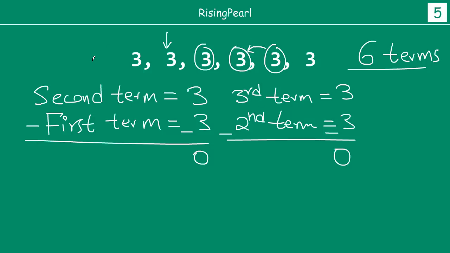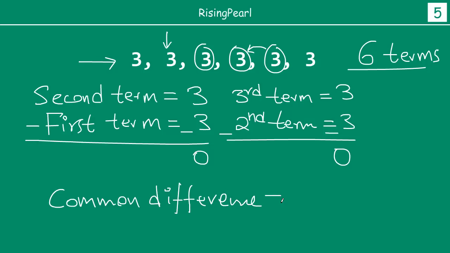So in this particular series, the common difference is actually 0. I want to highlight this important point: in the first and the third examples, the common difference was a positive number. In the second example, it was minus 5. And in this fourth example, it is 0.